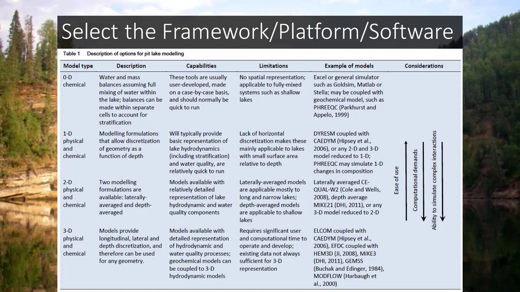If you have to make it spatially aware, your computer has got a lot more processing to do. You've got a lot more input data. And so that second arrow shows computational demands as you move in dimensions. But then ability to simulate complex interactions, that's the third arrow, so that increases with your dimensionality.